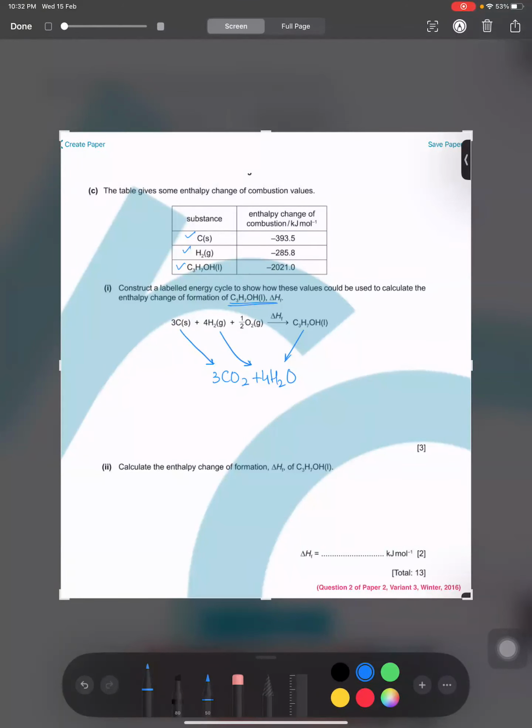Then they are saying calculate the enthalpy change for the formation of propanol. So we know that when the carbon is going to be combusted, it is 393.5 energy which is released, and right now we have 3 molecules, so into 3. And then when hydrogen gas is going to be combusted and water molecule is going to be formed, it is 285.8 energy which is released, and right now we have 4 molecules, so into 4.